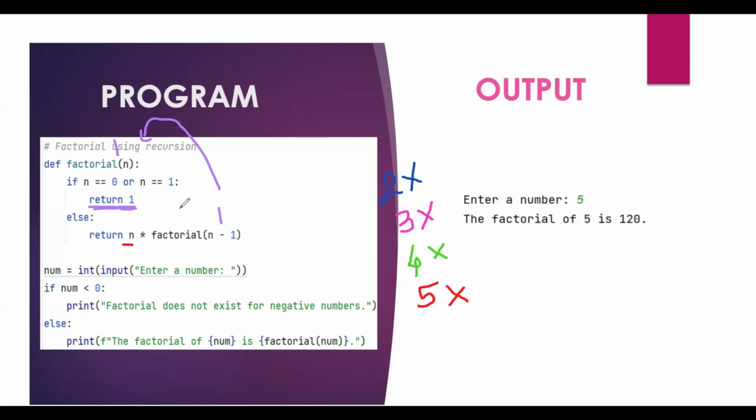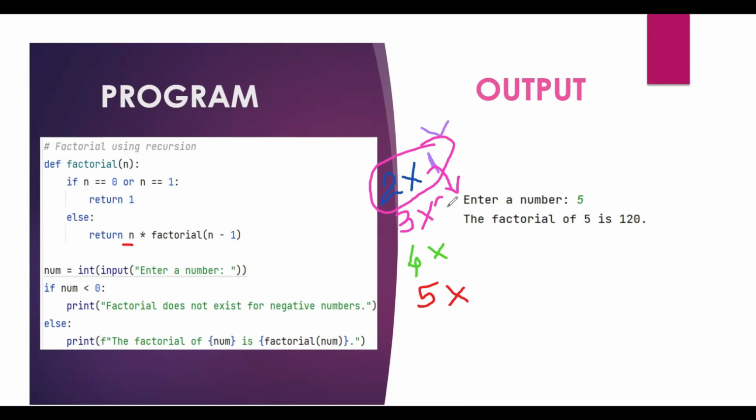Returning 1 means that value 1 will be returned to the place where it was called, which means 2 into 1. That complete answer, 2 into 1, will be returned here.